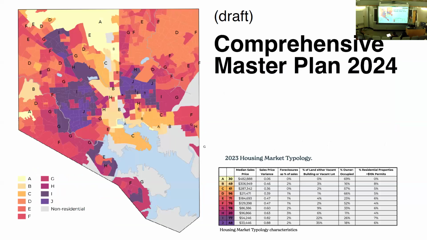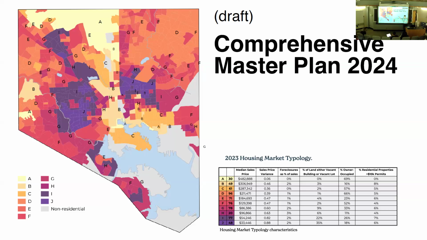I borrowed these diagrams from Baltimore's comprehensive master plan that has been released recently, and it's under review and open for comments. In the new comprehensive master plan, the city has categorized the housing typology into 9 to 10 different groups, primarily based on housing prices and percentage of owner versus renter occupancy.